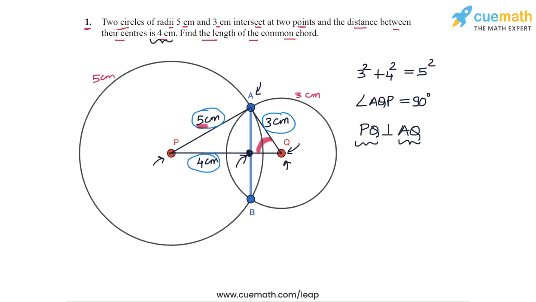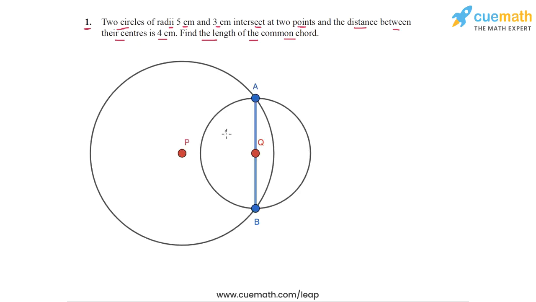So instead of the figure that we used here, we have a situation like this, where the center of the smaller circle itself lies on the common chord, and we can see that this now makes sense because PA will be 5 centimeters and AQ is the radius, so AQ will be 3 centimeters and PQ, the distance between the centers, will be 4 centimeters and this angle is 90 degrees. So this now makes sense. This is a right angle triangle with the sides 3, 4 and 5.